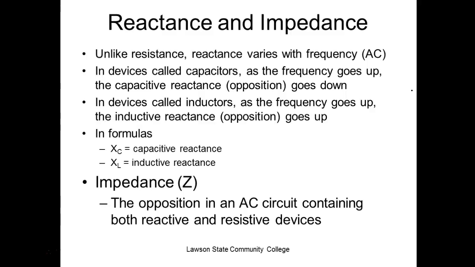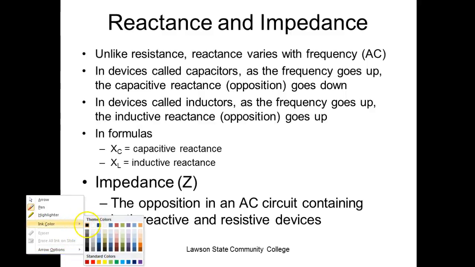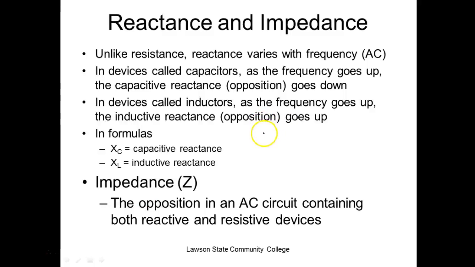So we have these formulas. Ohm's law says V is equal to I times R. In real life, it's V is equal to I times ohms, because capacitive reactance and inductive reactance vary with frequency, but they're still opposition.